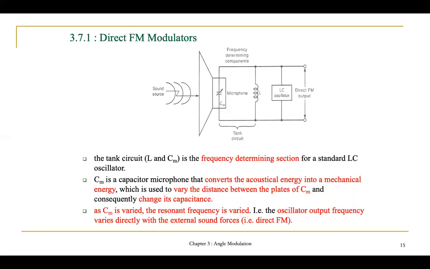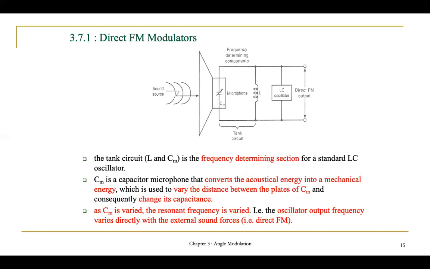So remember, your original sound source is in acoustic energy, and then the capacitor will convert it into mechanical energy. So when it converts into mechanical energy, it will in turn vary the distance between the plates of the CM.